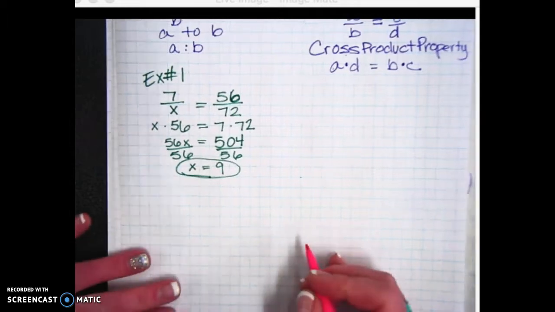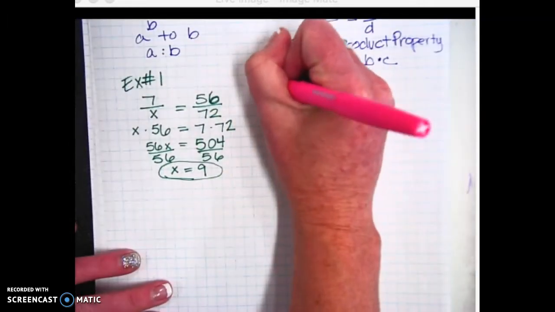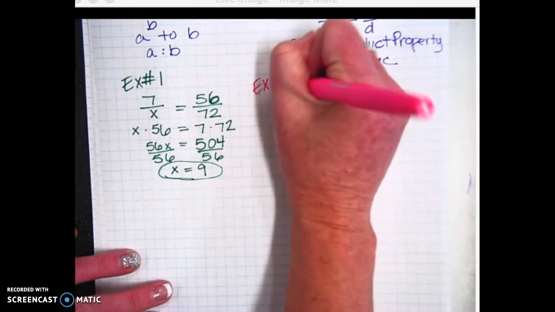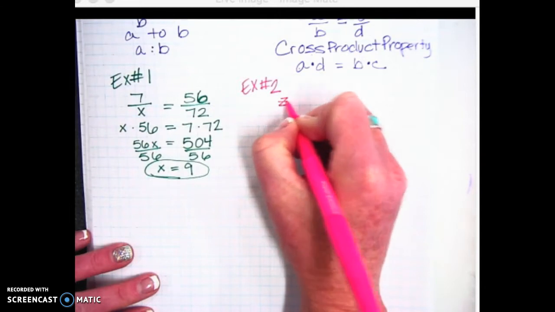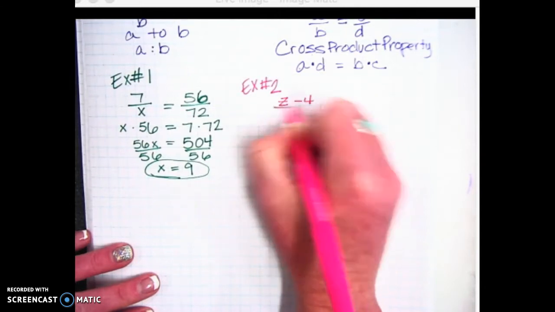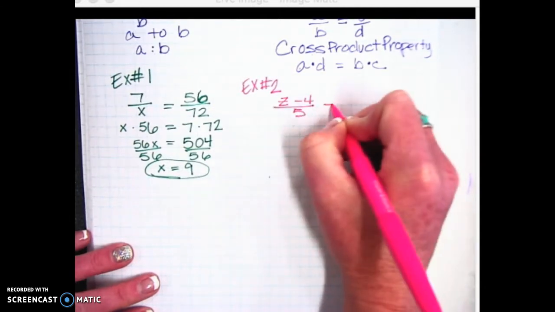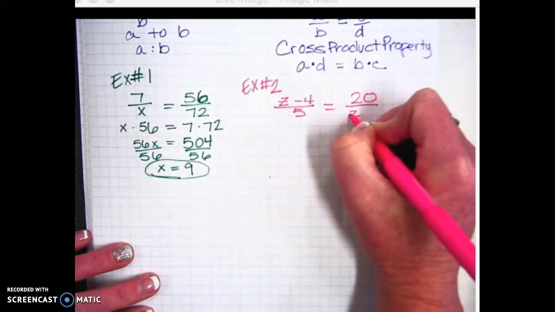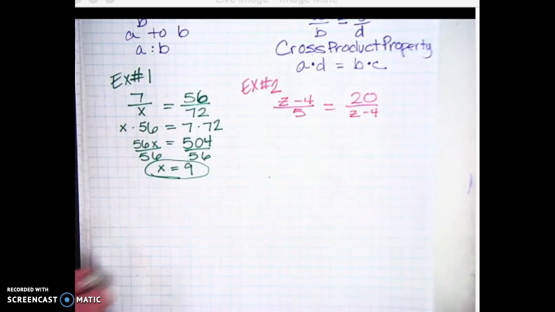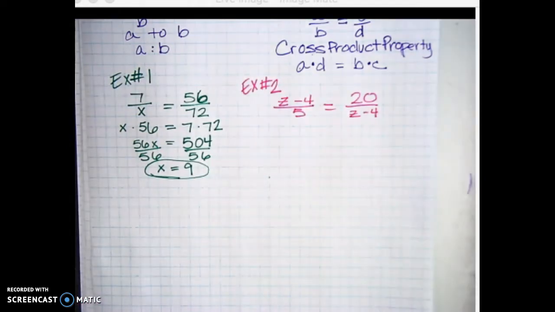They do get a little more complicated, like example number 2. So for example number 2, we're going to have z minus 4 over 5 equal to 20 over z minus 4. So what makes example number 2 harder than example number 1?